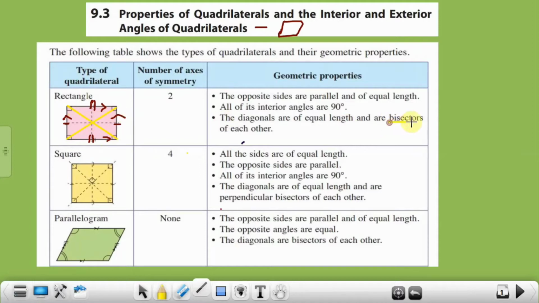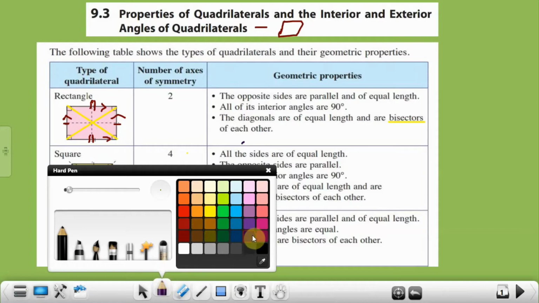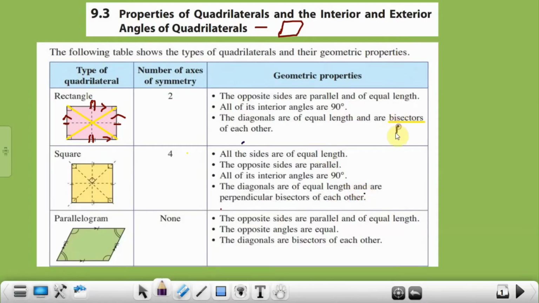What does it mean by bisect? Okay, bisect tu maksudnya membahagi dua sama. Okay, it will divide the line into two equal parts. Okay, this is what we mean by bisect.